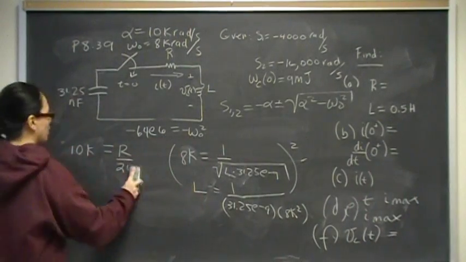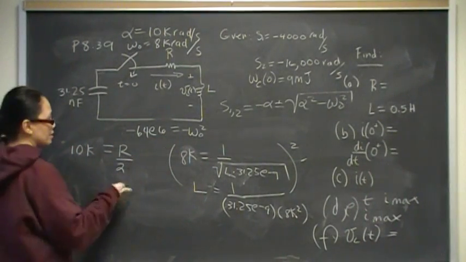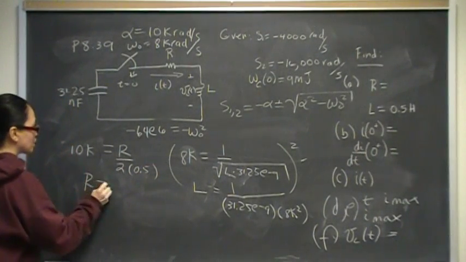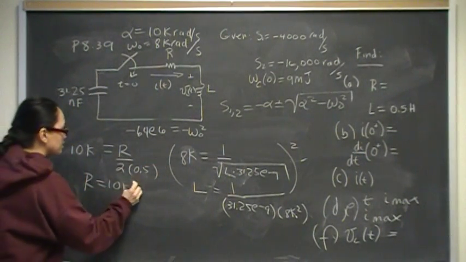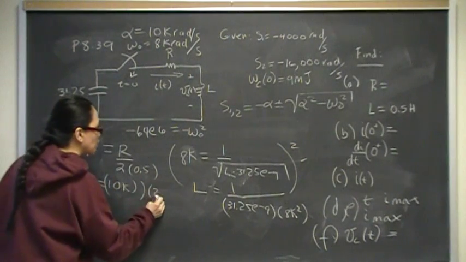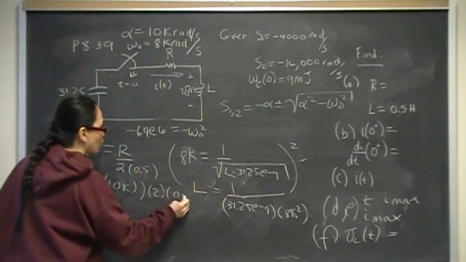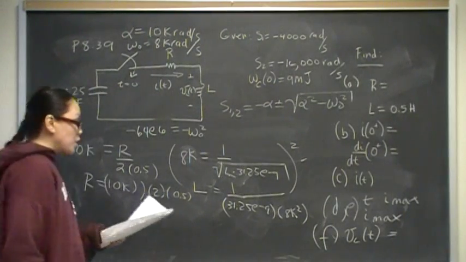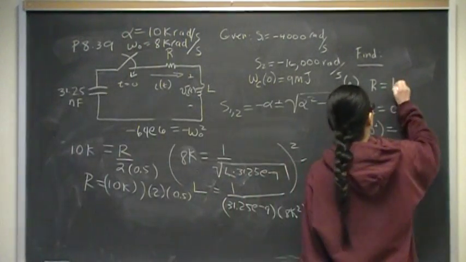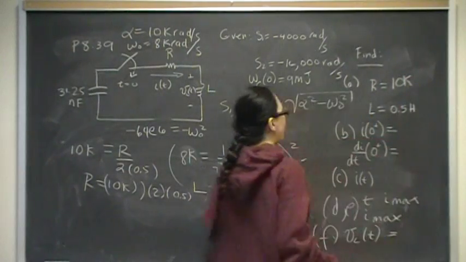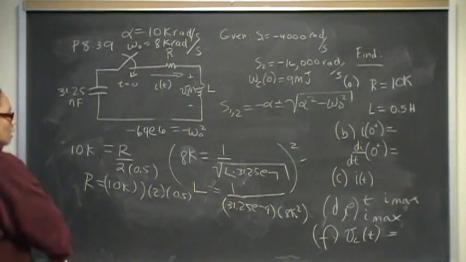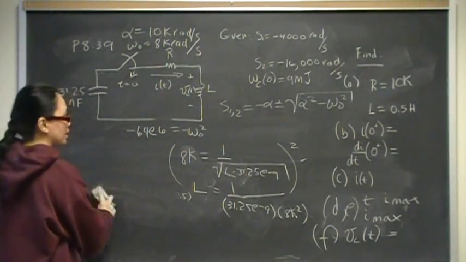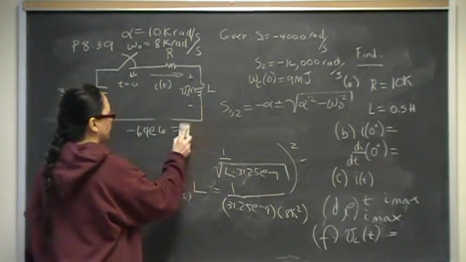So if this is 0.5 henries, then R is going to be 10K times 2 times 0.5, and that is going to be 10K. That is part A.